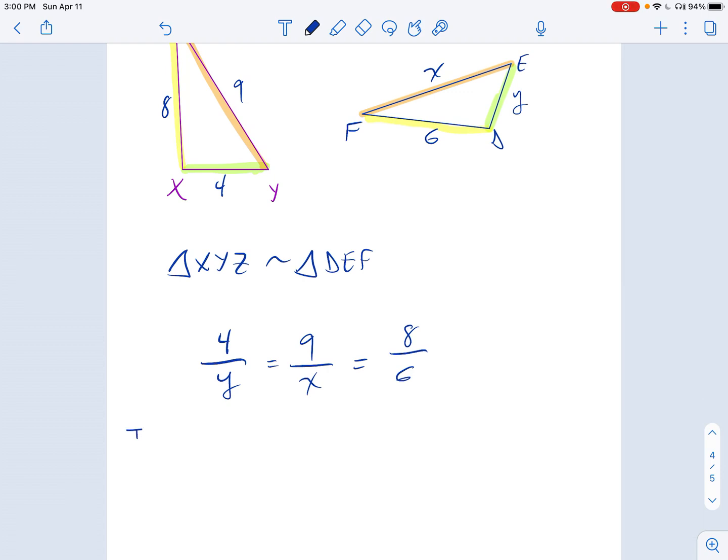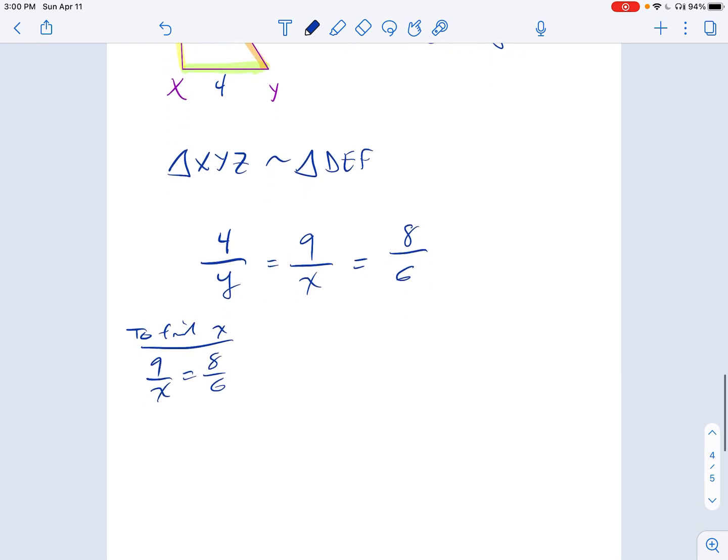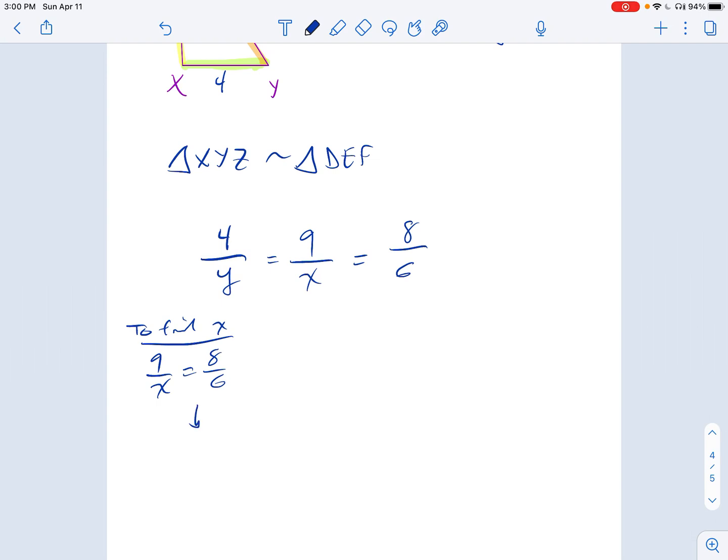So if I wanted to find x, I could say 9 over x equals 8 over 6. When fractions are equal, cross multiplication is your friend. So 8 times x equals 9 times 6, which is 54. So 8x equals 54, and x is 54 divided by 8, which is 27 over 4, which is 6 and a quarter.